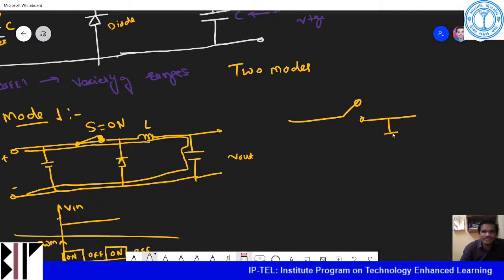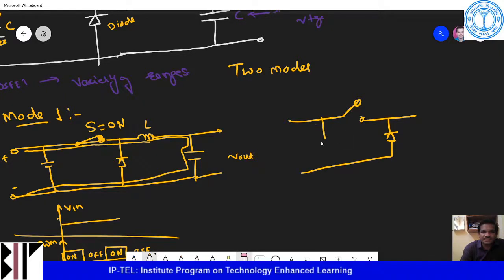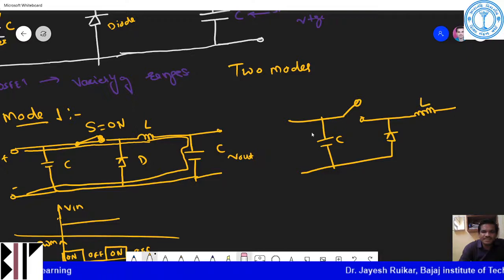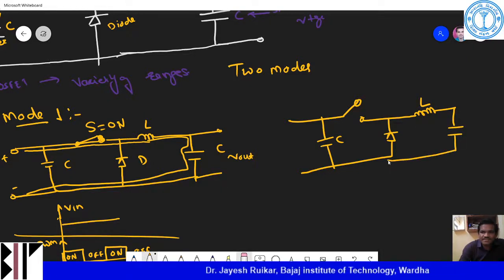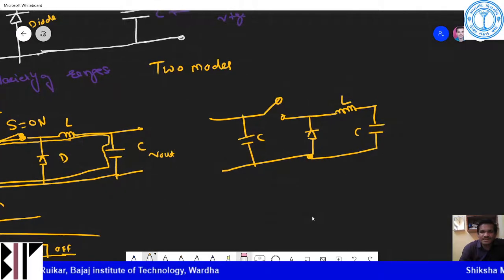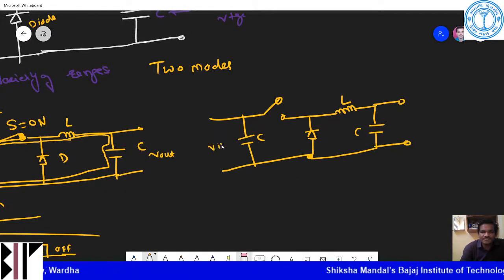There is a freewheeling diode D here, and a capacitor, and then I have this inductor, and this capacitor is connected across the output. At this I will get an output, this is my V out.